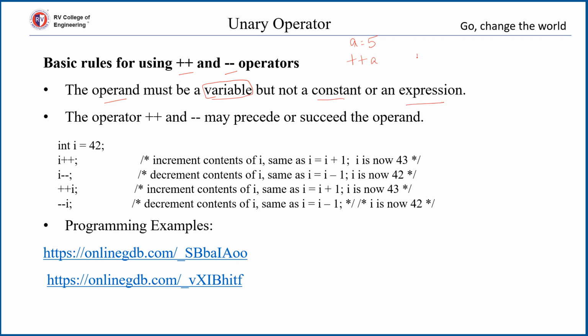You cannot have something like this, plus plus b plus c. This is wrong. You will get a compile time error. Neither can you have plus plus 2. This is also wrong. You will get a compile time error. The other thing is that the operator may precede or succeed an operand based upon what result you want.